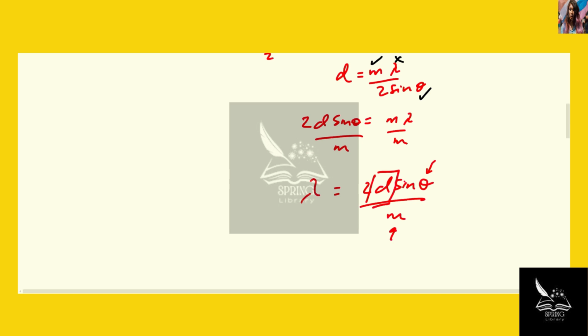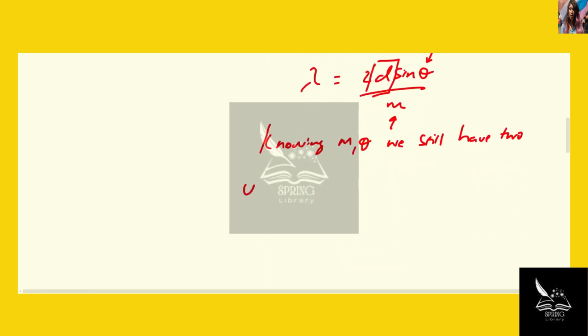So you can see that even by knowing m and theta, we still have two unknowns.